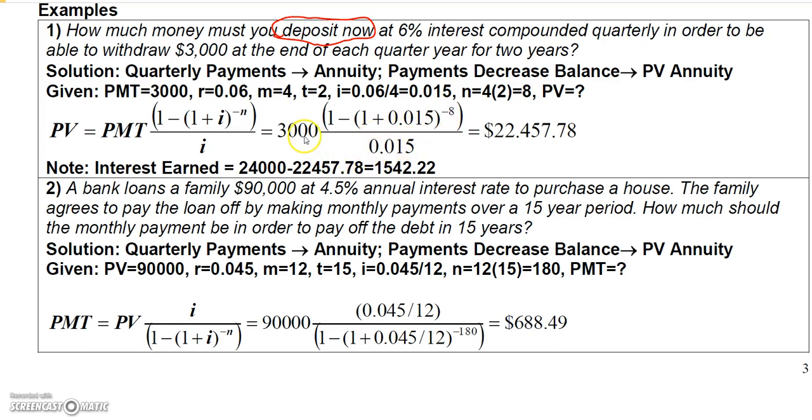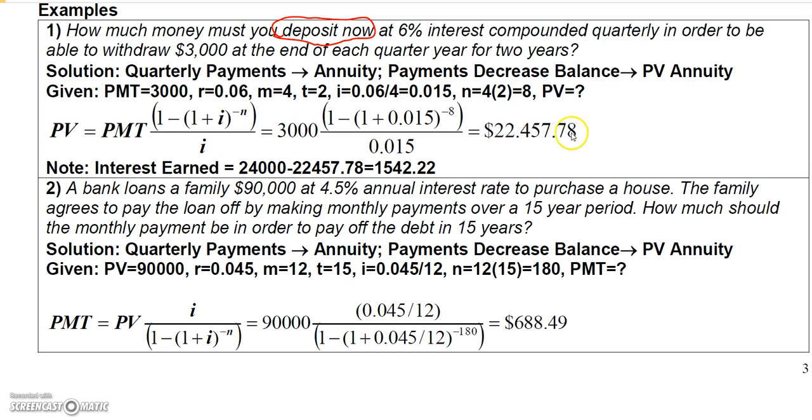So now, if I do this in a calculator, I'd have 3,000 times this expression, then divided by 0.015, and I'll get $22,457.78. So basically, I need to put in the bank now $22,457.78.